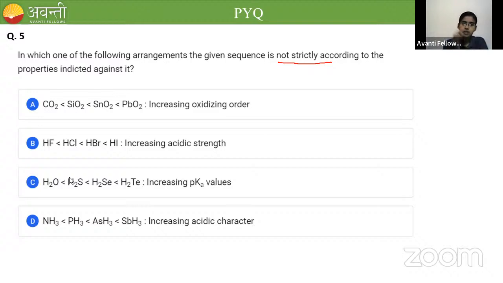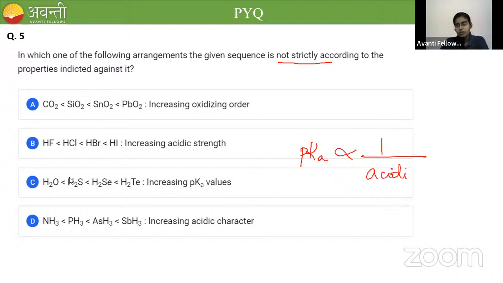Okay, now coming to option C, the hydrides of group 16 are given, and they say it is the increasing pKa value. So what is pKa? Actually, pKa is inversely proportional to acidity.